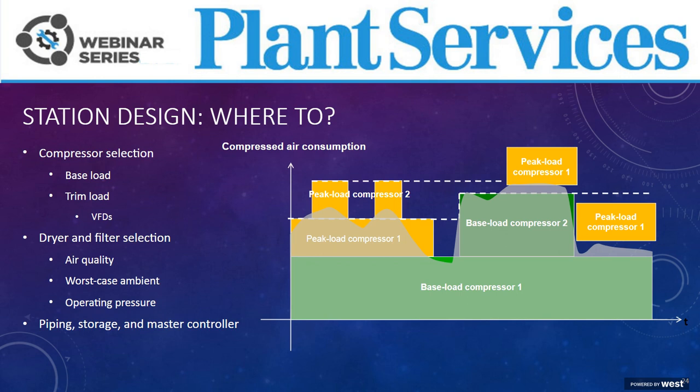So you need to determine that. Over-treating the compressed air can significantly increase your lifetime costs and should be avoided. Lastly, piping, storage, and master controllers are going to make a big difference in how efficiently your station operates.